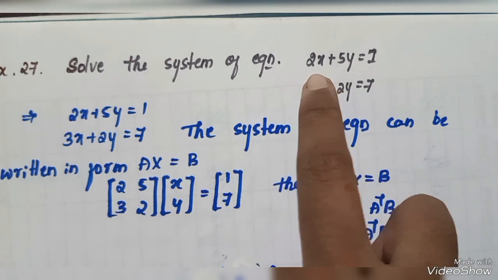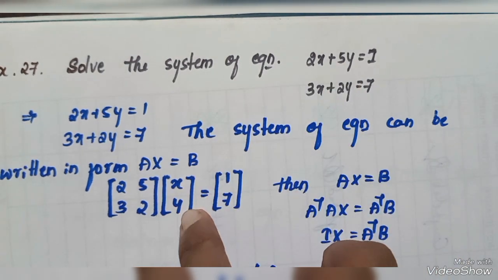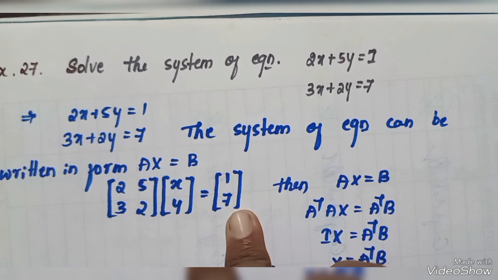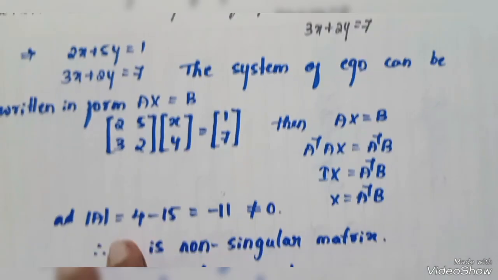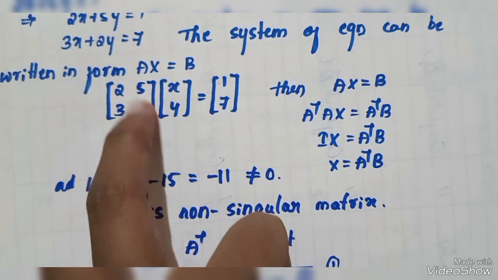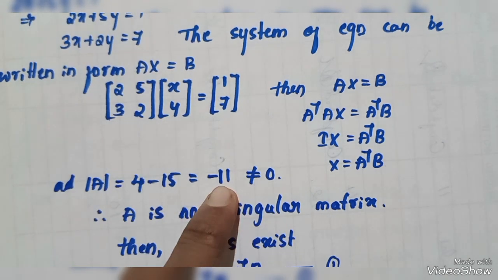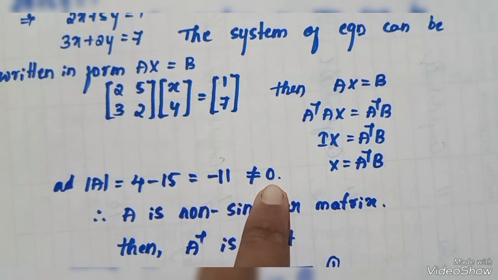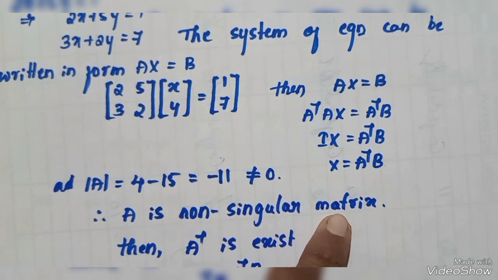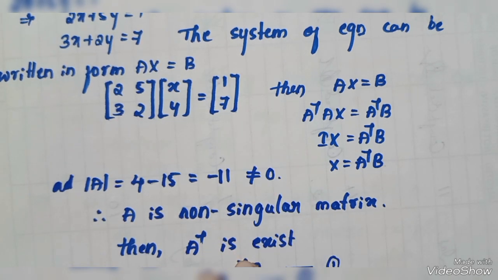Then x and y are the variables, and the values form the B matrix. Then check the determinant value: by calculating, the determinant is minus 11, which is not equal to 0. Therefore A is a non-singular matrix, and A inverse exists.